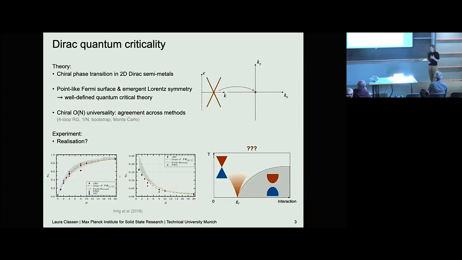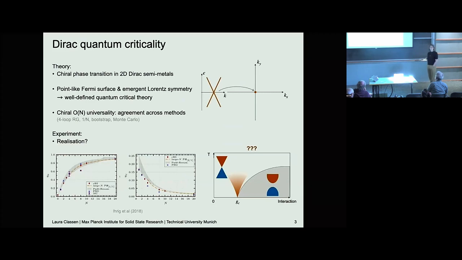Now, there is, in a sense, a minimal model for this type of fermionic quantum criticality if we consider the chiral phase transition in a two-dimensional Dirac semi-metal, where we gap out the Dirac fermions if the interaction is large enough. In that case, this extensive Fermi surface shrinks to just a point, so we get a handle on these zero modes from the fermions.